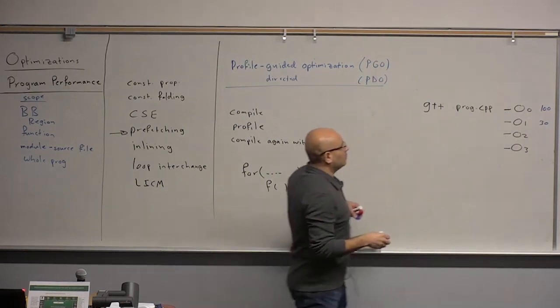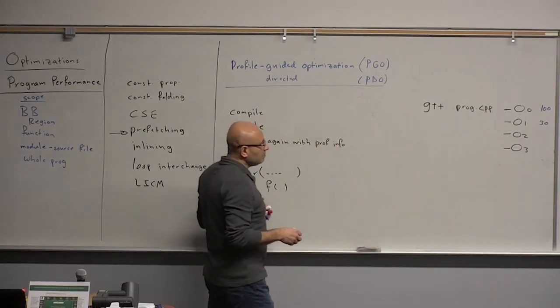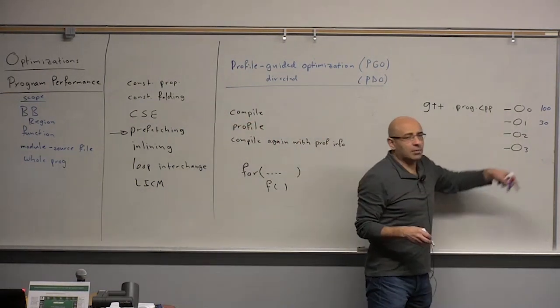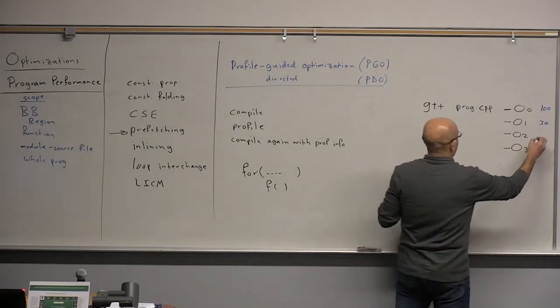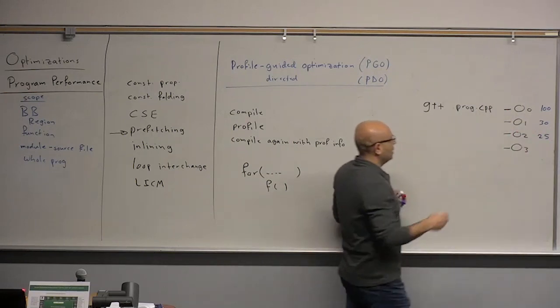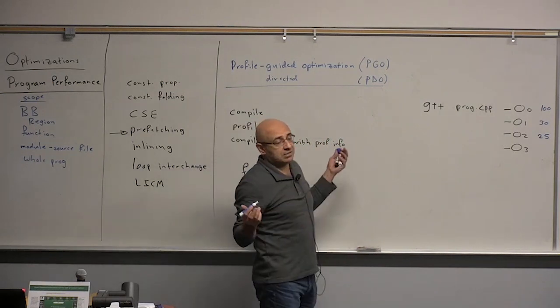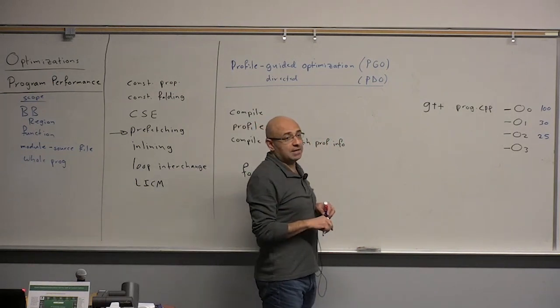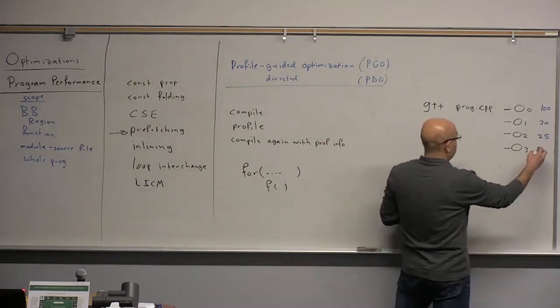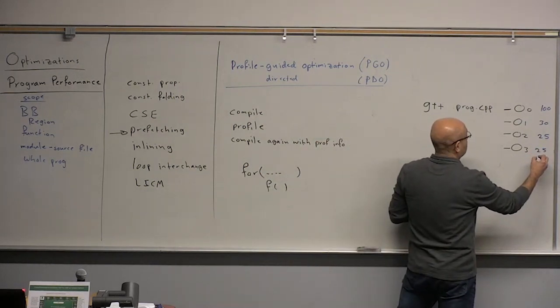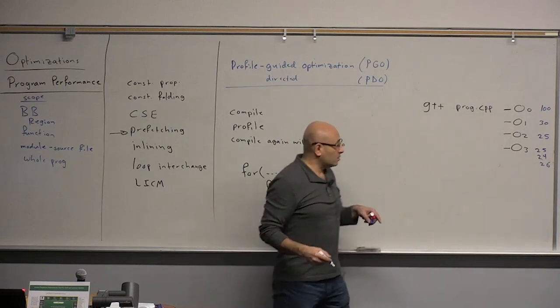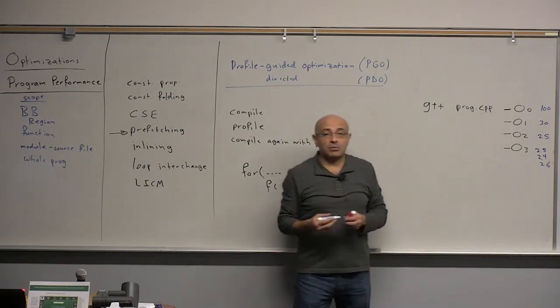And then with -O2, that will not drop much. So it may be 25 or something. And then when you go to -O3, you may or may not see a benefit. So at -O3, this could be 25, could be 24, and could be 26. So things could become worse.